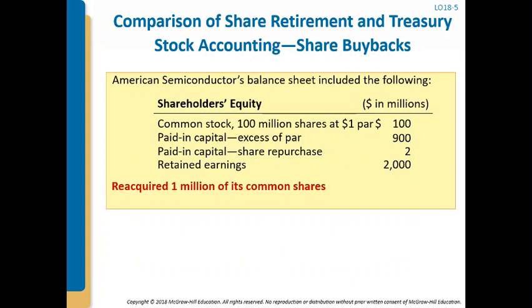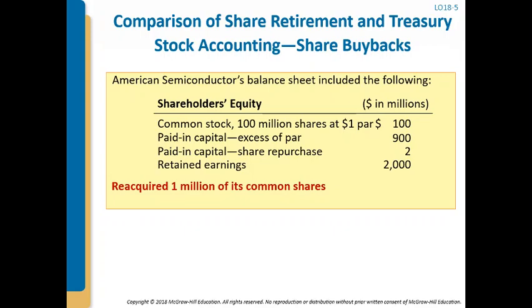All right, so we have an example here that looks at the treatment of buybacks, first as a retirement, and then second as designating it treasury stock. So here we have a company.